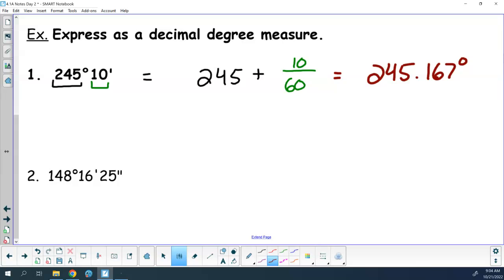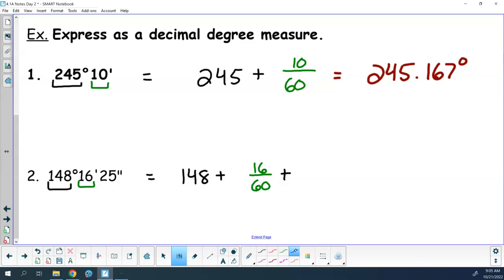When we get down here into one that has degrees, minutes, and seconds, we start with the degree. Then we do the minute. Now here is where you're going to make your mistake. Every time. I've seen it every year. Okay? What do you want to divide 25 by? I've heard 60, and I've heard 360. Neither one is right.